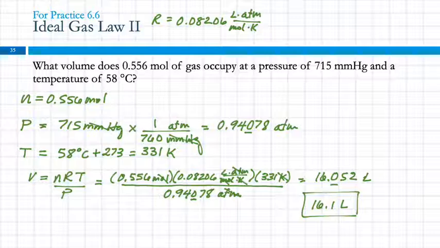Now, ideally, you would use 273.15. The book doesn't do that, and I'm okay with you leaving off the 0.15, but if you want to put it on, that's better. But yeah, the temperature can change in sig figs.